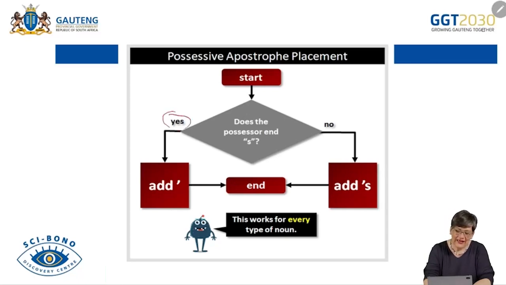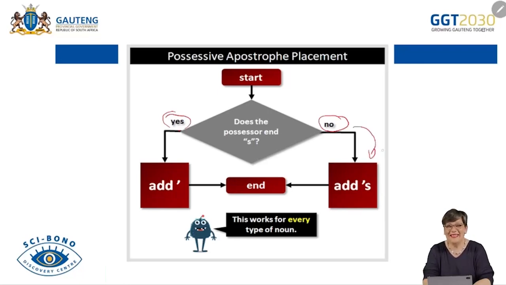If we say yes, then we're just going to add an apostrophe. And that's the end. If we go back to the start and we ask the question, does the possessor end with an S? And we say no, then we add an apostrophe S.